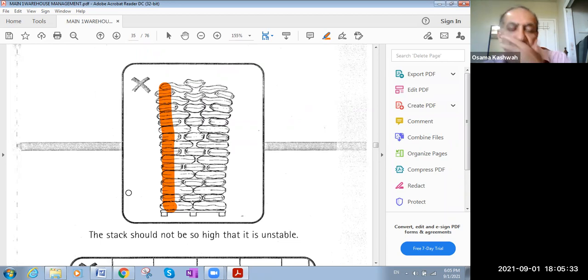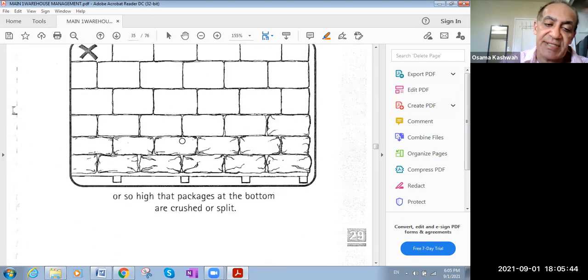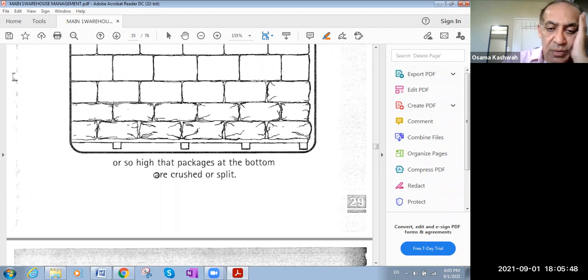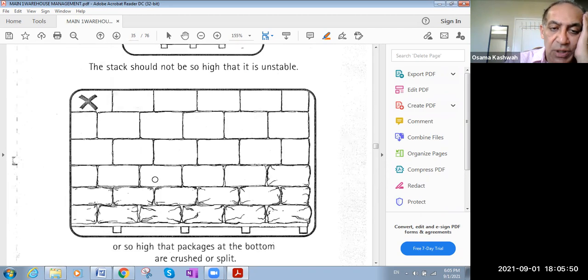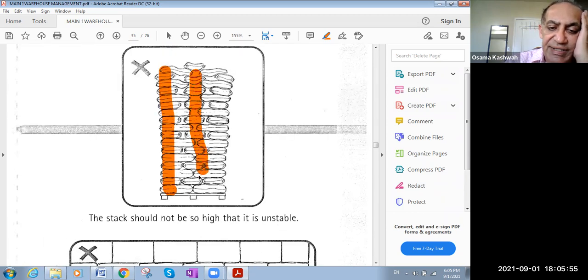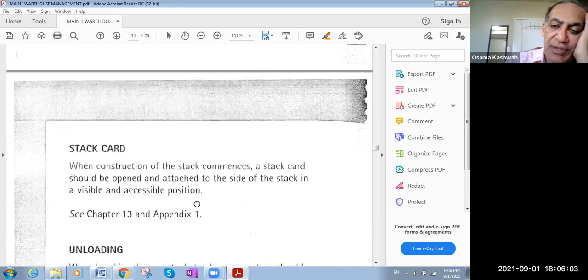Try to be fair and not reach the upper limit in height. It should be less than this. Because if it's very high, all this heavy weight comes down on this area. So it might lead to cracking and splitting of the products which you are storing.